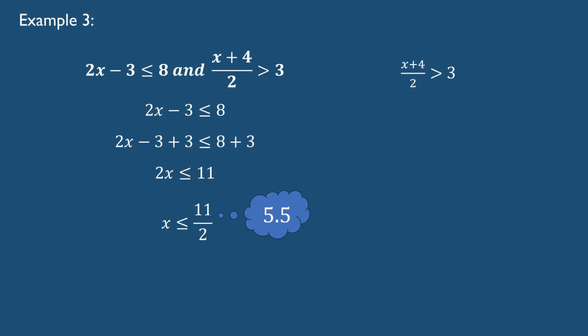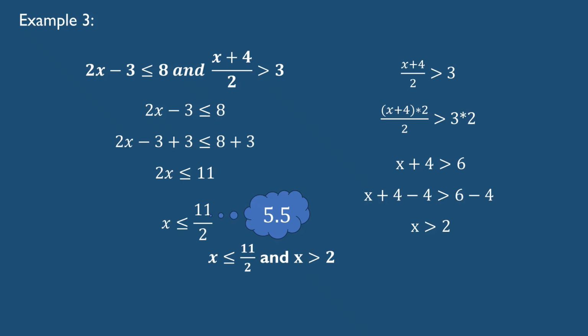Second inequality, x plus 4 over 2 greater than 3. First, multiply both sides by 2, then x plus 4 greater than 6. Then subtract 4 from both sides, it will become x greater than 2. So we need to have two solutions in this case. x is less than or equal to 11 over 2 and x is greater than 2.